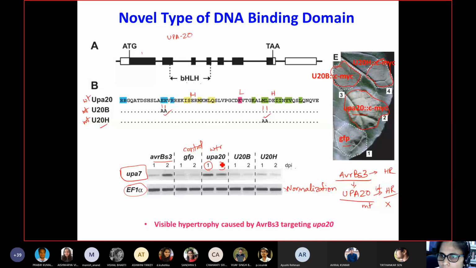The mutant did not show any infection. Here also the mutant did not show any upregulation in the UPA7 gene. So in this way, they were able to find the other genes which were upregulated upon infection with UPA20 or AVR genes. There was visible hypertrophy caused by the AVR gene targeting UPA20, and they were also able to find UPA7.